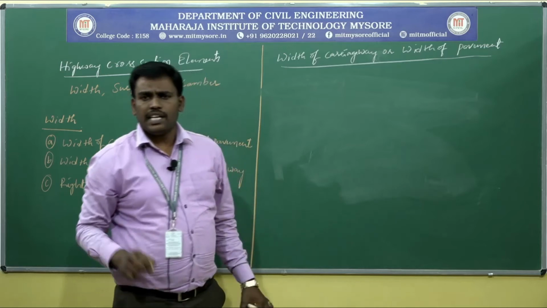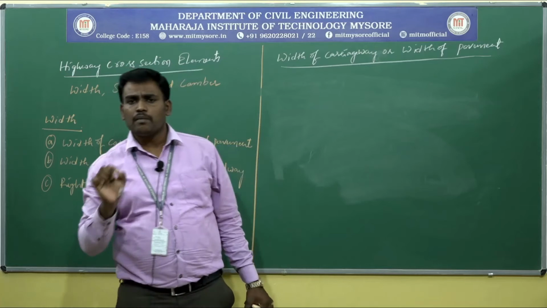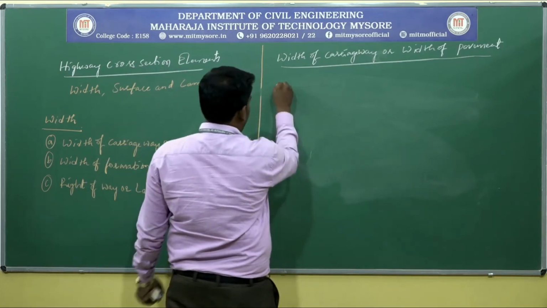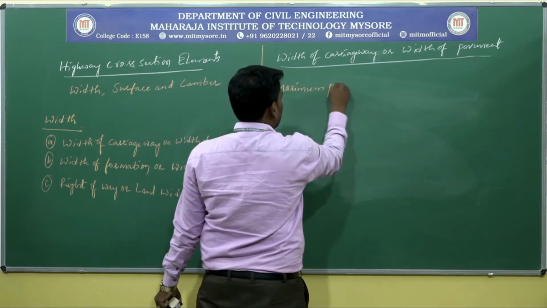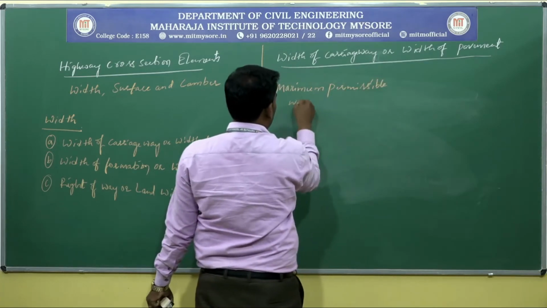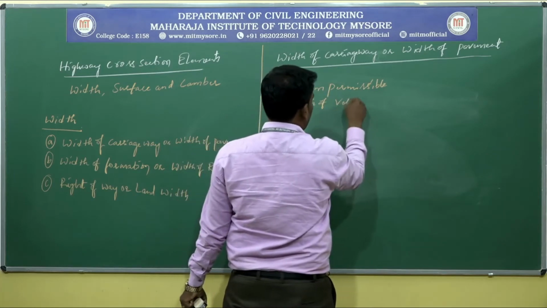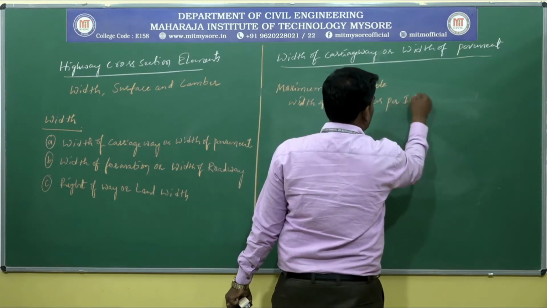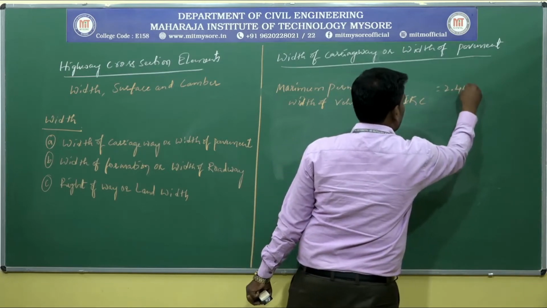The IRC, the Indian Roads Congress, has suggested the maximum permissible width of vehicle. As per Indian Roads Congress IRC, it is 2.44 meter.